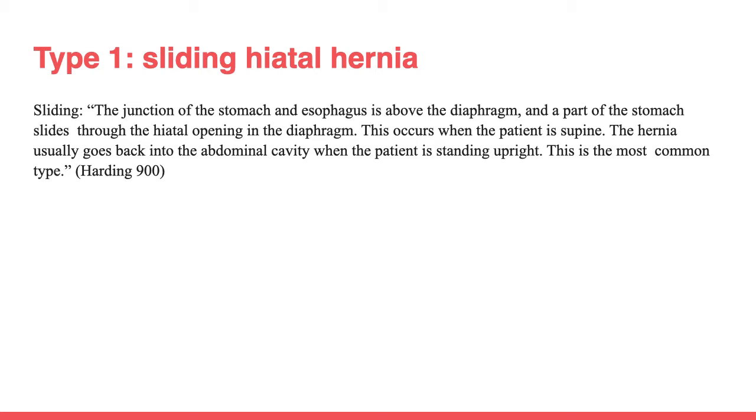This occurs when the patient is supine, and the hernia usually goes back into the abdominal cavity when the patient is standing upright. As you saw in the video, these are hernias that can come and go, so symptoms tend to be on and off. This is also the most common type, and it occurs in about 95% of the cases that patients present with.